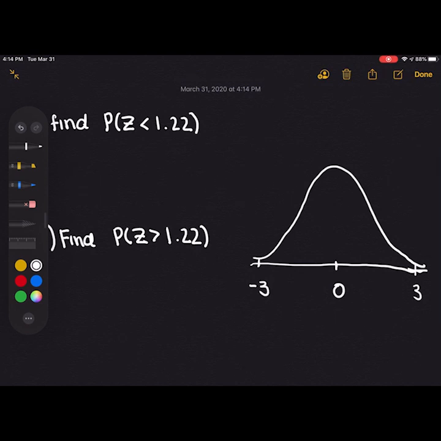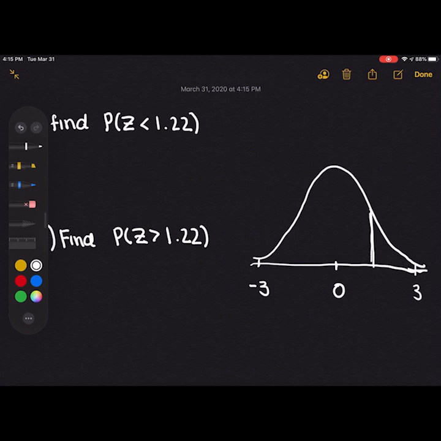So for the first problem, find the probability of z is less than 1.22. To find this, you should probably draw out the curve that I just drew. And we're going to draw a line that represents 1.22. On the curve, I think it's going to look around here.